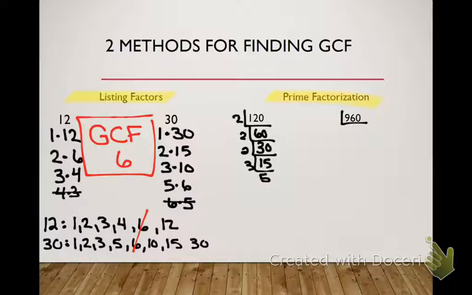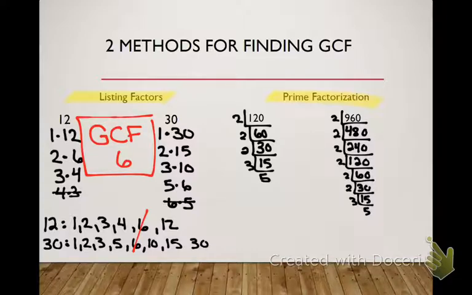And here's why, this is our biggest reason: prime factorization is very practical when I'm factoring really large numbers. You would agree, guys, that listing factors for 960 would be ridiculous, right? That would take forever. So listing factors is really only practical when you have small numbers.